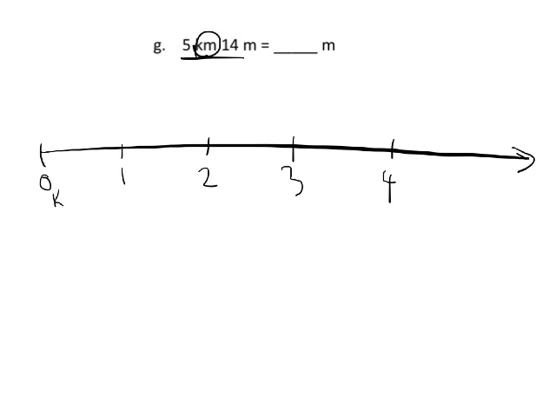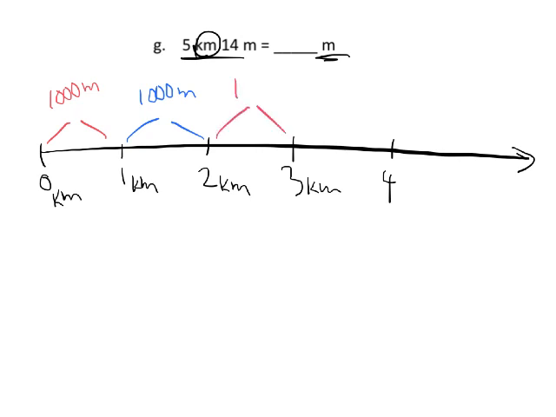So this is 0 kilometers, 1 kilometer, 2 kilometers, 3 kilometers, etc. And each kilometer is equal to 1,000 meters. So here's another 1,000 meters. Here's another 1,000 meters, etc. So for every kilometer, I have 1,000 meters.